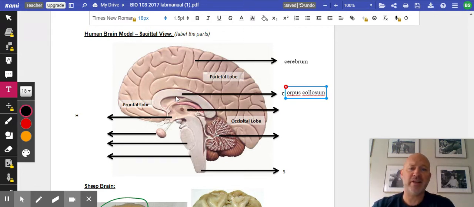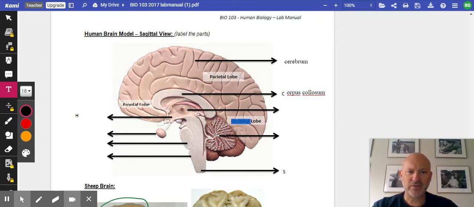If you cut the brain in half and look at it like what this model is showing us, we're looking at the right hemisphere having the left hemisphere removed. So we're looking at a medial view here.